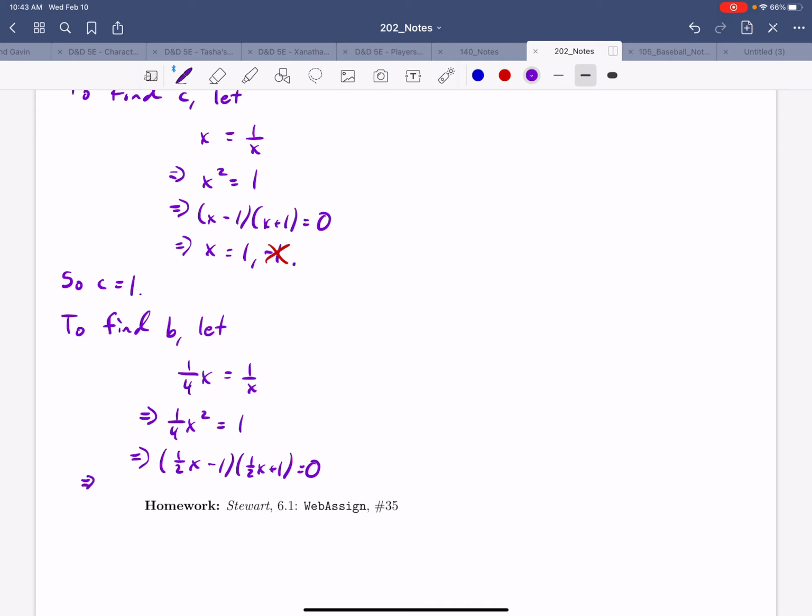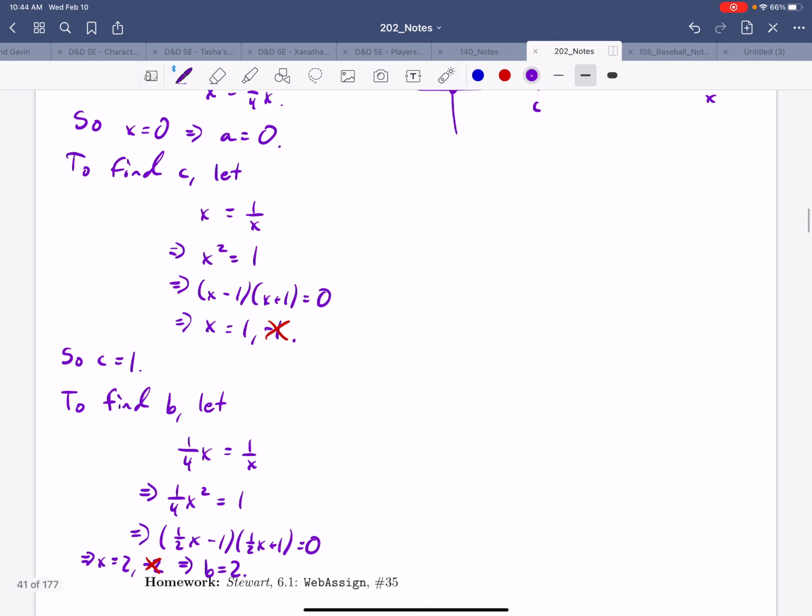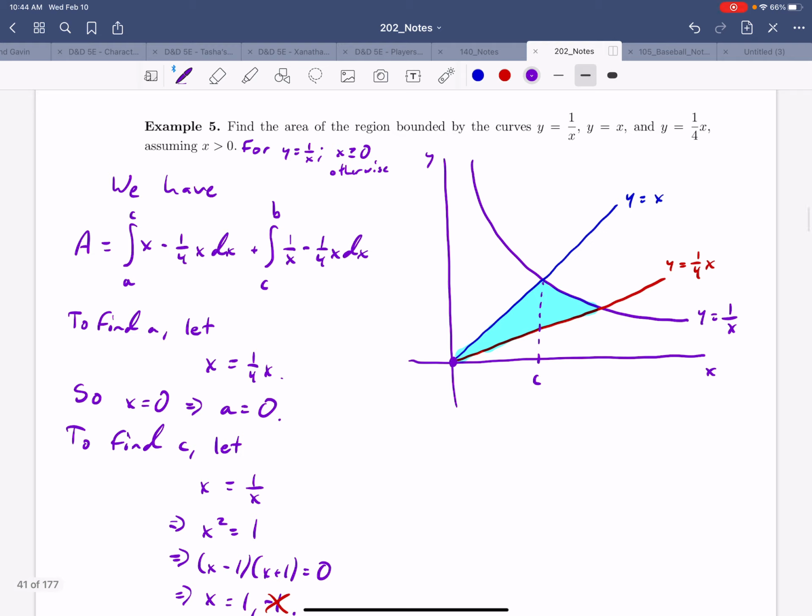And that implies that x equals 2 and -2. Again, -2, not really going to help us. And then that implies that b equals 2. And that makes sense, right? You'd want a to be less than c and c to be less than b based on our sketch, right?